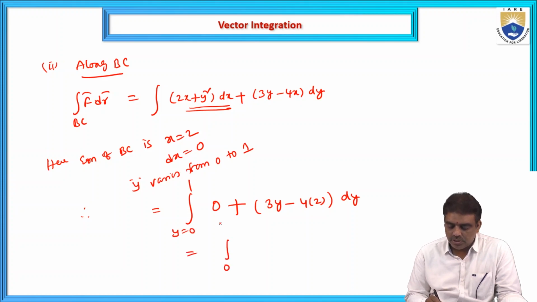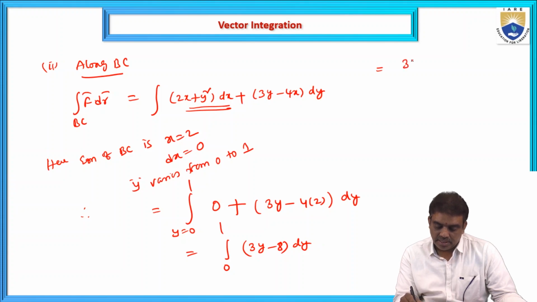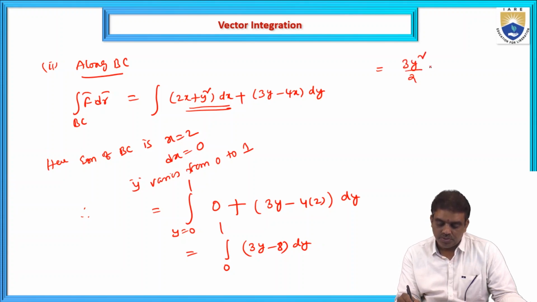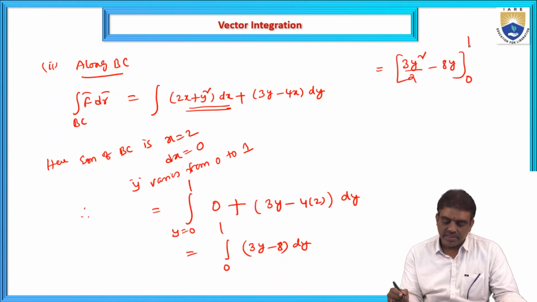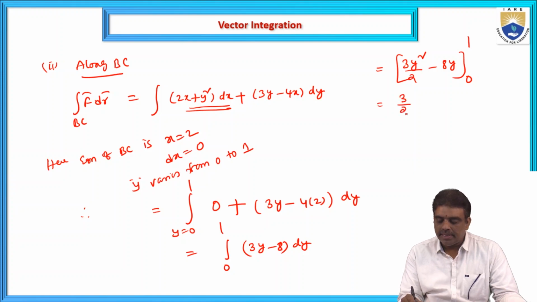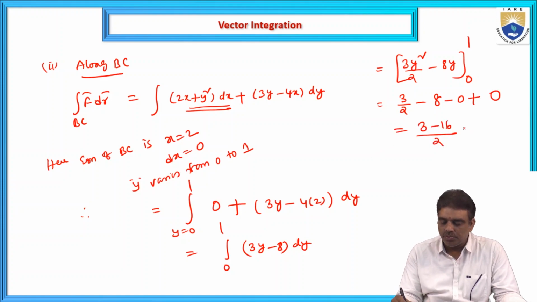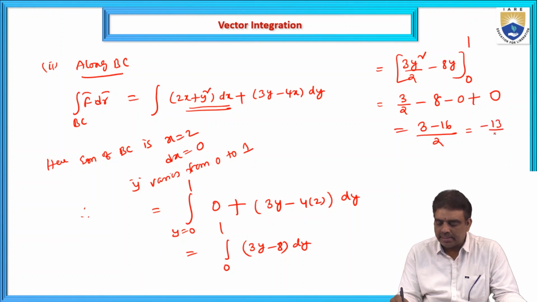That is the integral from 0 to 1 of (3y minus 8) dy. On integrating, we get 3y square by 2 minus 8y between the limits 0 and 1. That is 3 by 2 minus 8 minus 0 plus 0, or (3 minus 16) by 2, which is equal to minus 13 by 2.